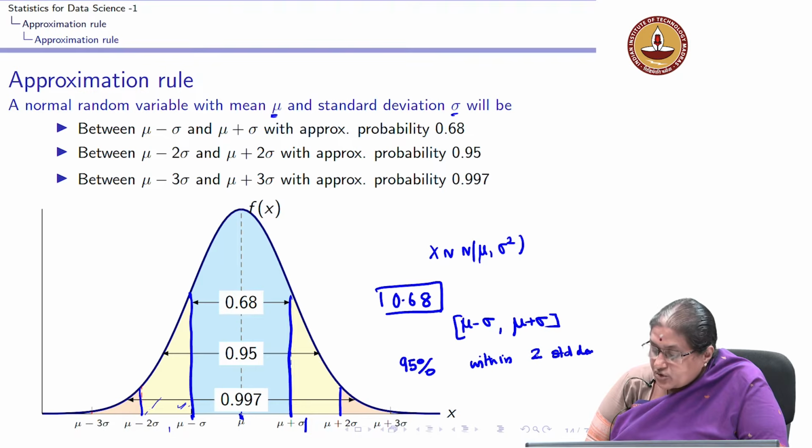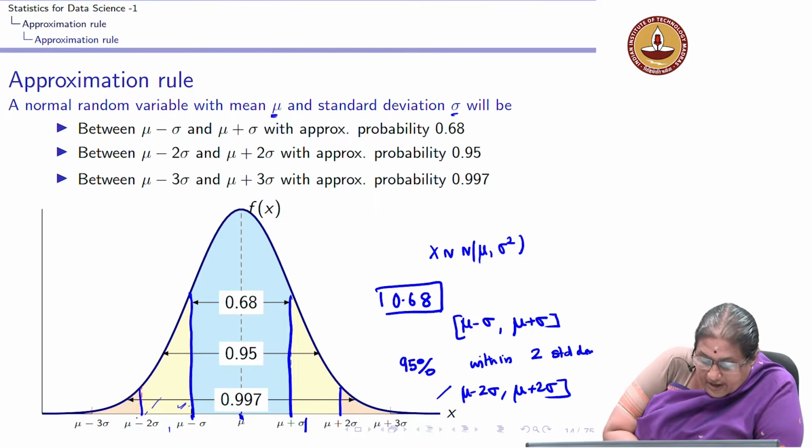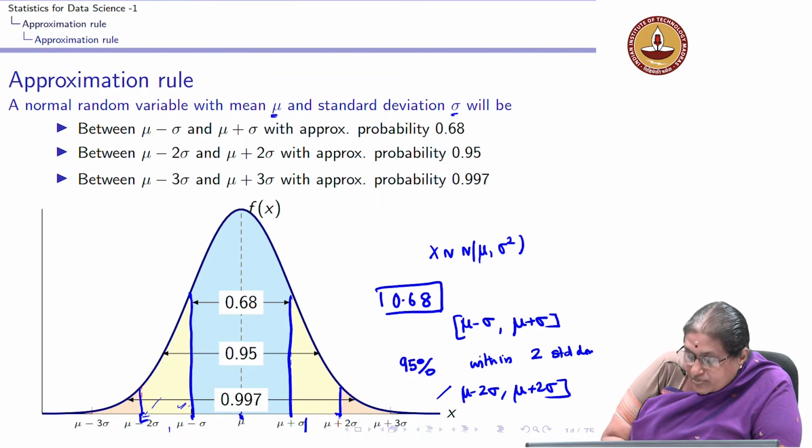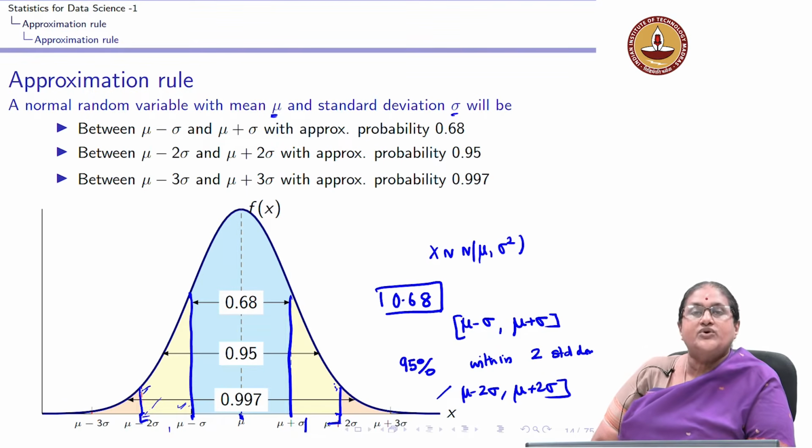And what are within two standard deviations? It is mu minus 2 sigma to mu plus 2 sigma. So, I have mu minus 2 sigma here and mu plus 2 sigma, and I have 95% of my observations that would lie in this interval.